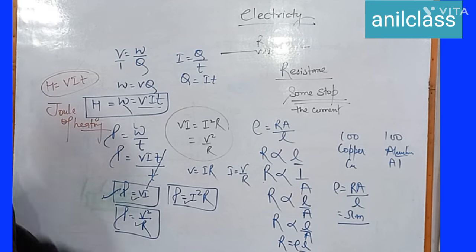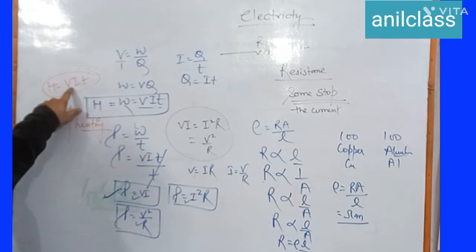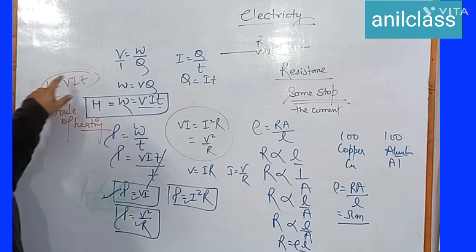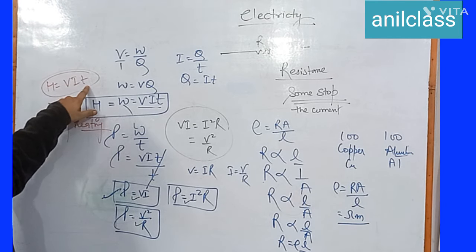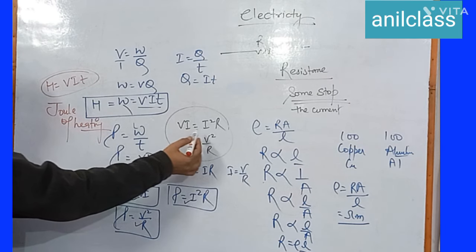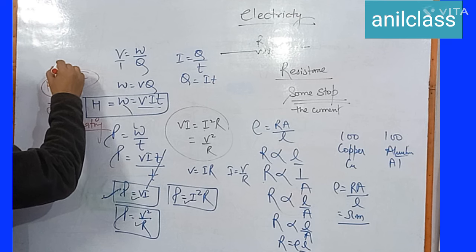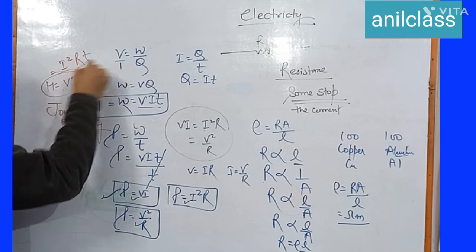It is Joule's law of heating. You also know heat depends on voltage, heat depends on current I, and heat also depends on time T. Also you take this, put this value, also I square RT.